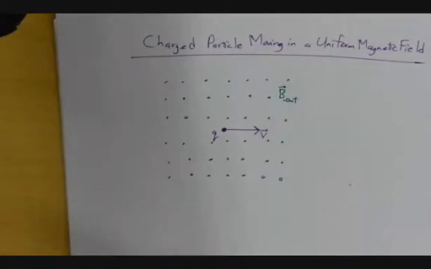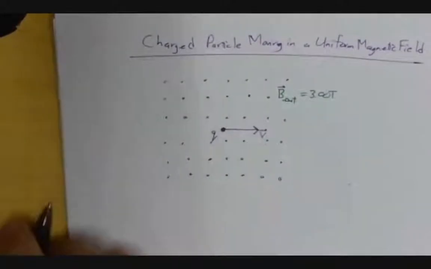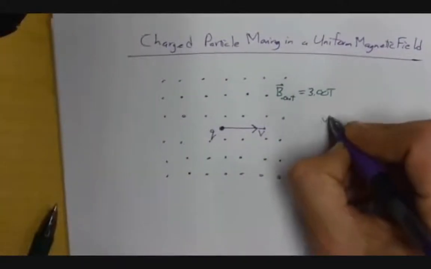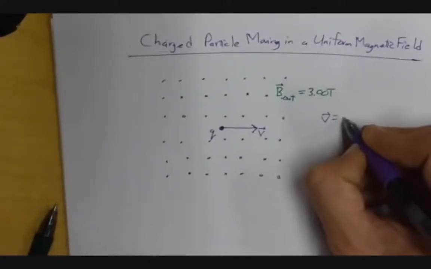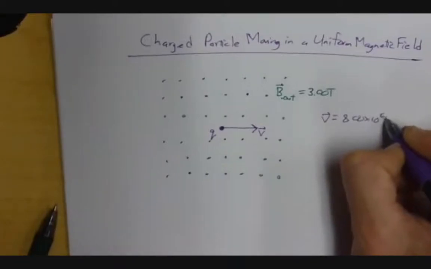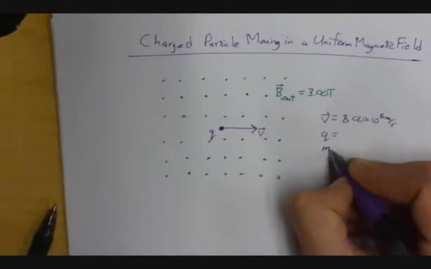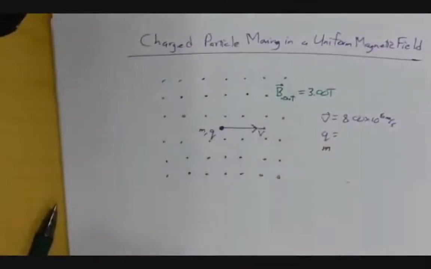Maybe we'll do about the same numbers we had before. 3 Tesla, and the velocity was the same number as before, which is 8 times 10 to the 6th meters per second. And the Q will be the same Q, but now we're also going to want to know what's the mass of this guy. Because if he's feeling a non-zero force, then we have to take that force and divide by mass to get acceleration.